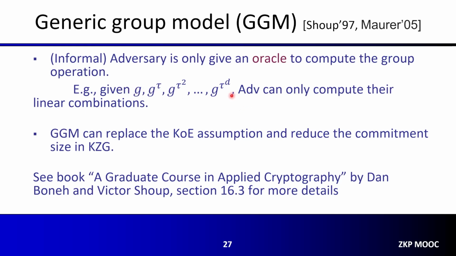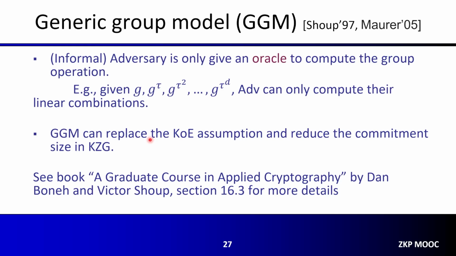Because of this model, we can use the GGM to replace the knowledge of exponent assumption and reduce the commitment size to one element and also the verifier time to one pairing equation to check. This GGM is, again, a stronger model to work with, but it is also believed to be reasonable because it captures all known attacks against the discrete log assumptions or Diffie-Hellman assumptions and the family.